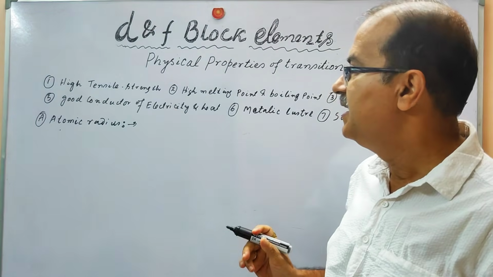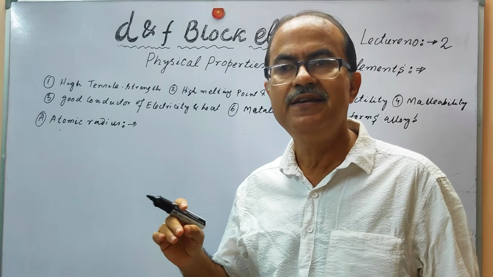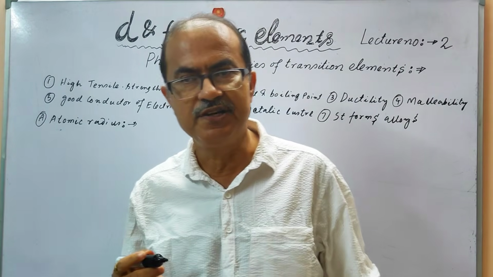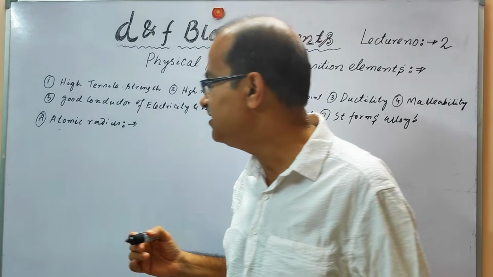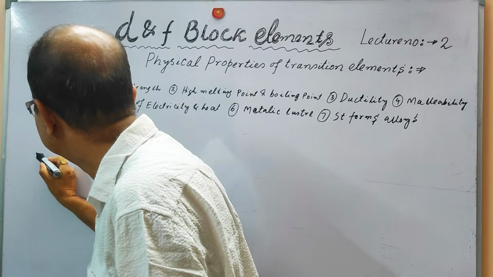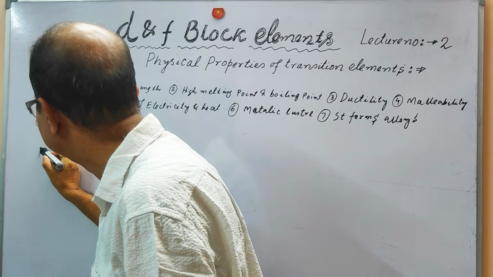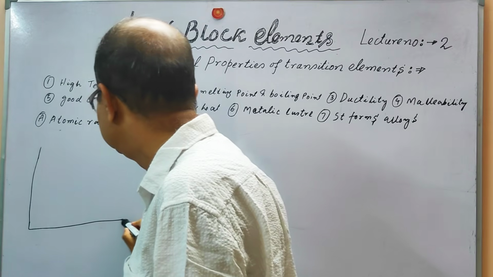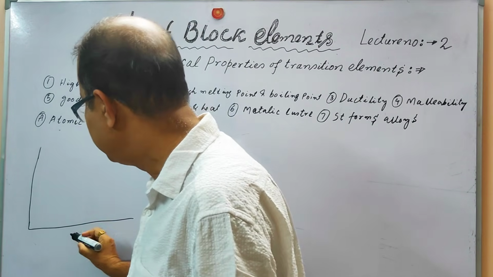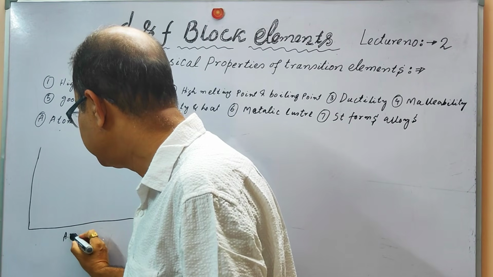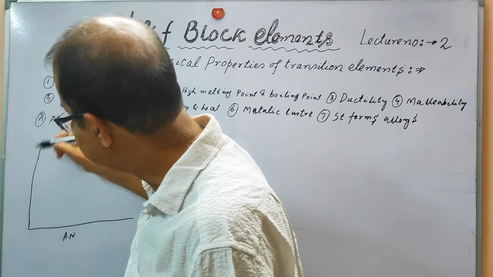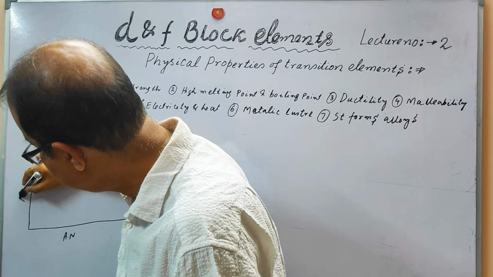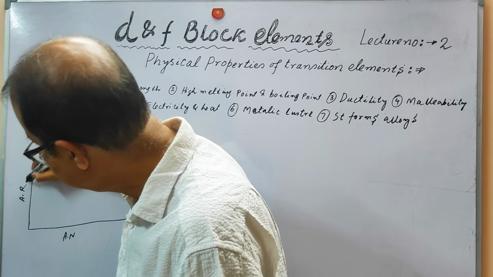We discuss the atomic radius in terms of the graphical representation of all the 3 series. We are taking the atomic number on one axis and the atomic radius on the other.